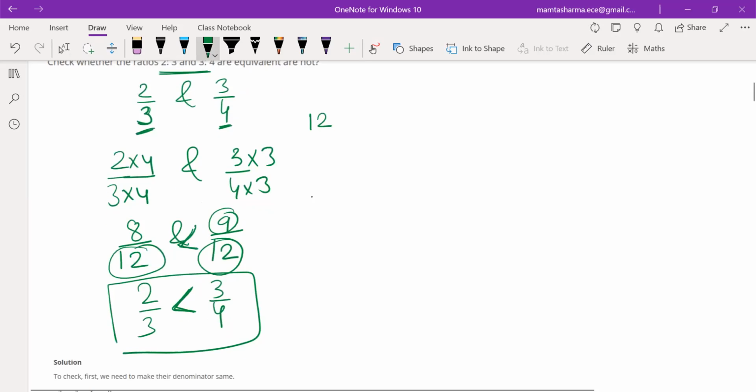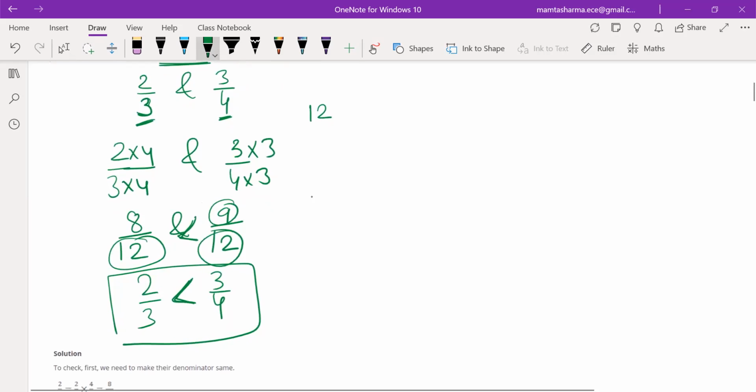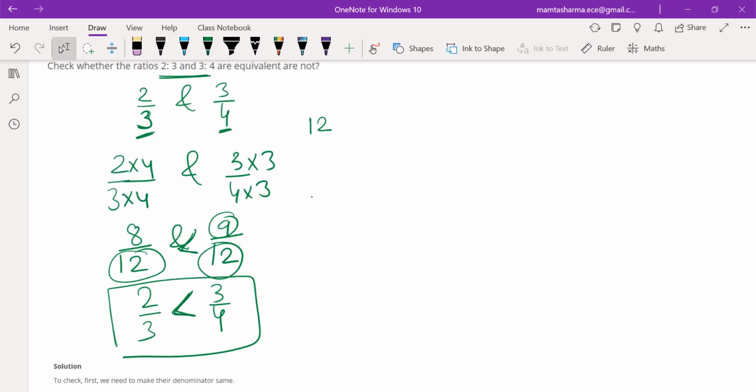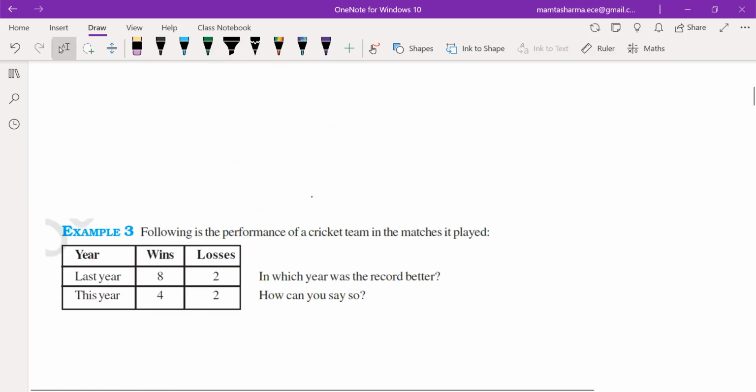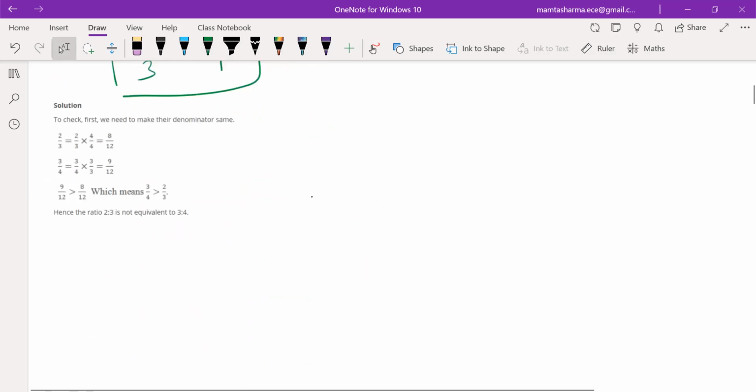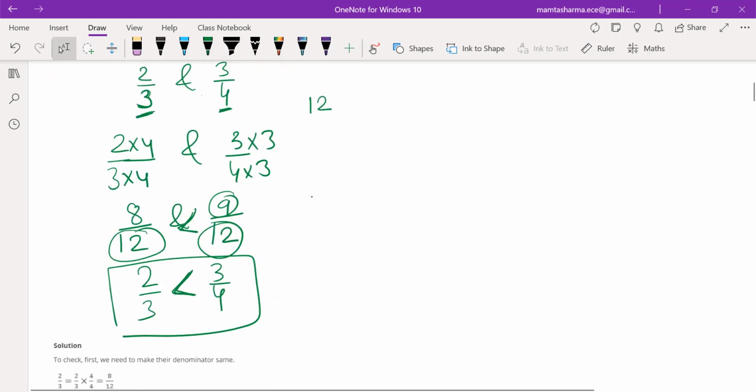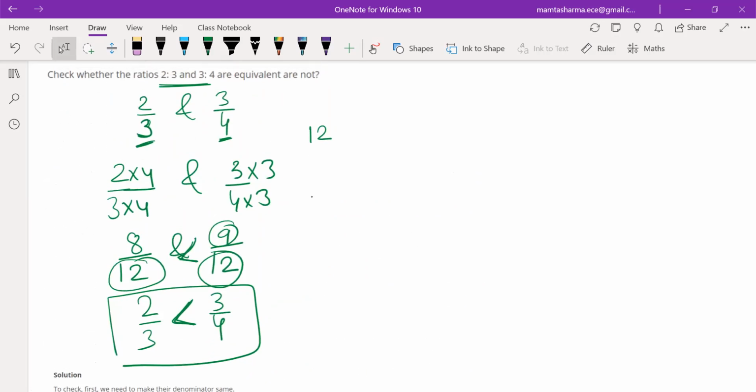Okay. Clear? How will you compare equivalent ratios? Now come to the next. Ma'am, just multiply the denominators. LCM would be the multiplication of the denominators.